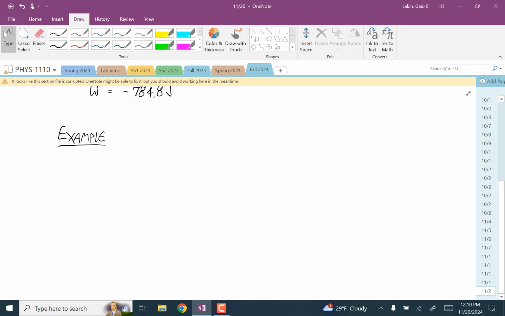But I'm going to start this problem by just showing you how you would calculate the spring stiffness. So let's say, okay, I'm going to draw what's going on with the problem first, and then the second part will show how to calculate that stiffness.